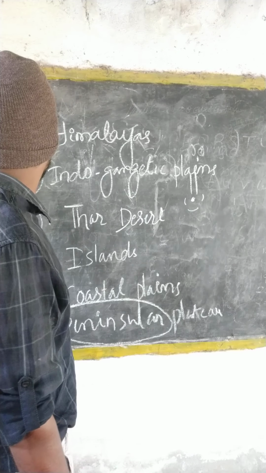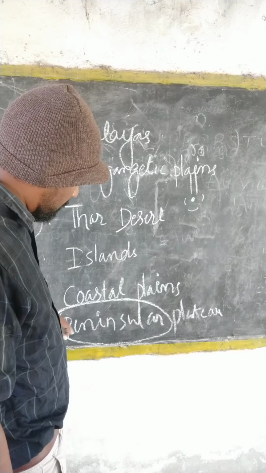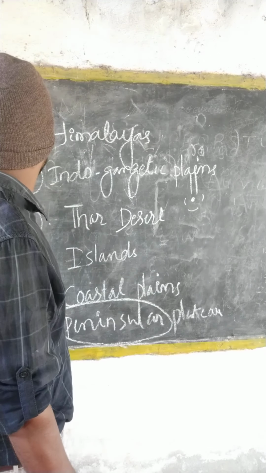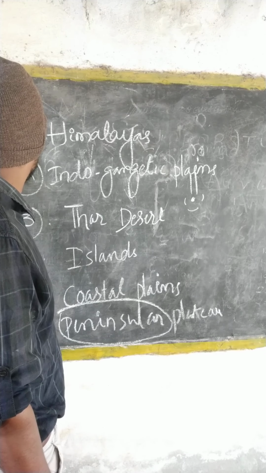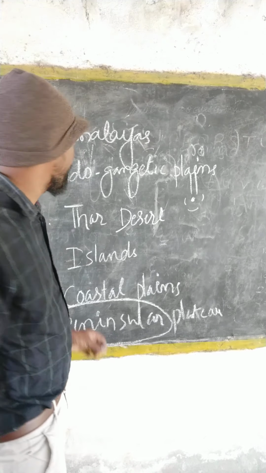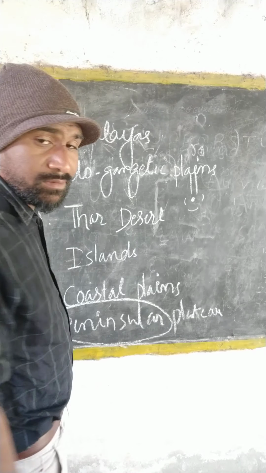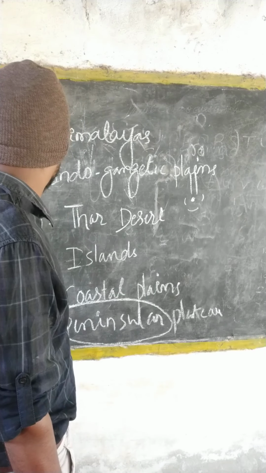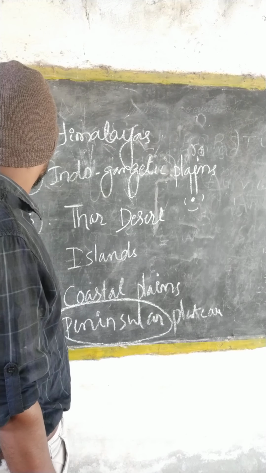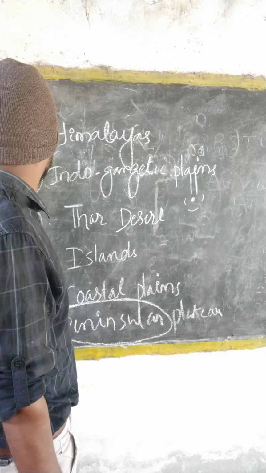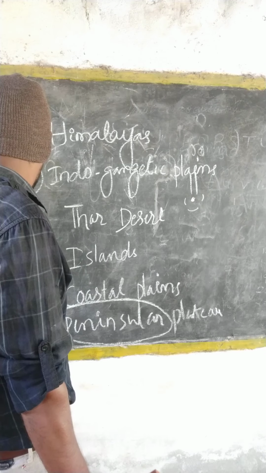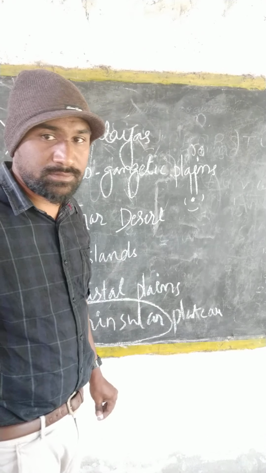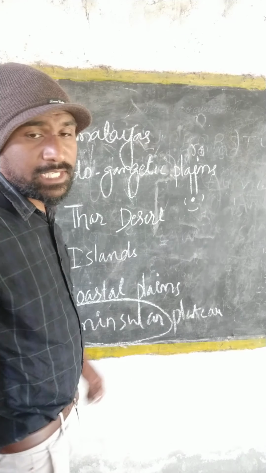So here the Indian plateau is also known as the peninsular plateau. These three sides are covered with water. Here the Arabian Ocean is on the west side, the east side is surrounded by the Bay of Bengal, and the south side is the Indian Ocean, but the north side is the Himalayas.